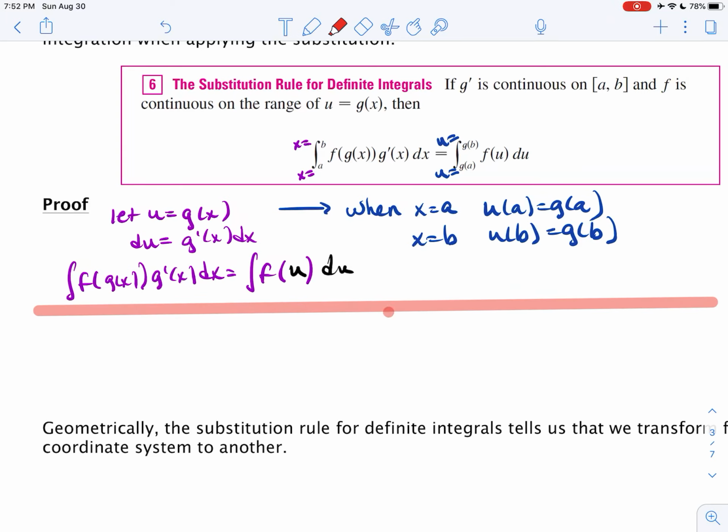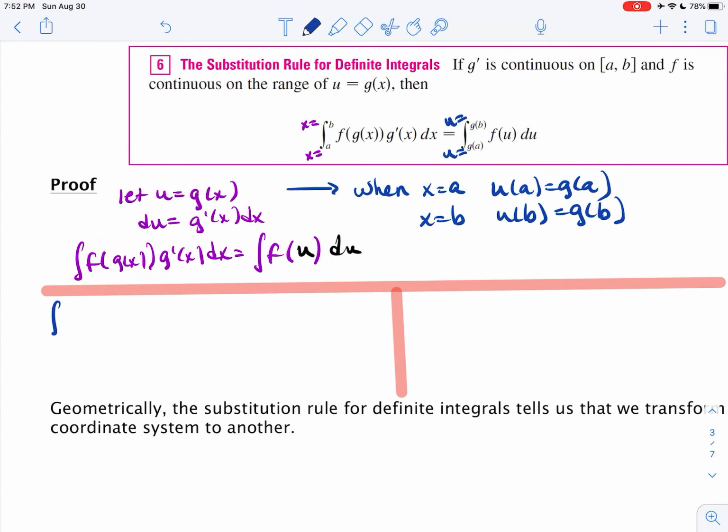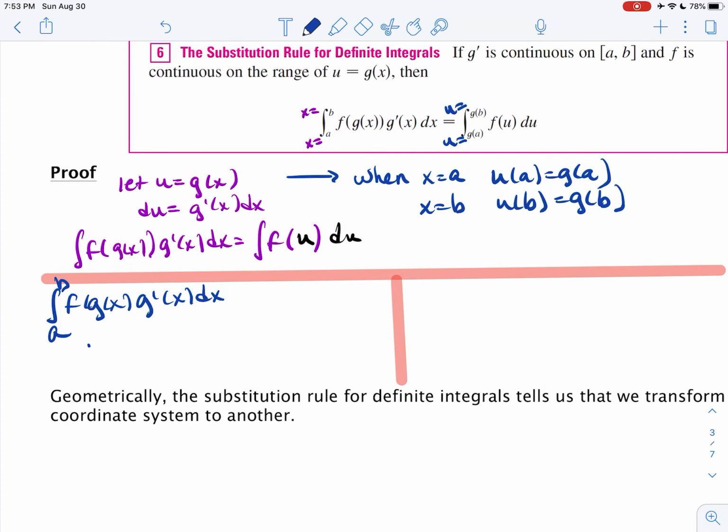So as I mentioned, there are two processes. To calculate the integral of f of g of x dx from a to b, you can, one, use U substitution to evaluate the integral.